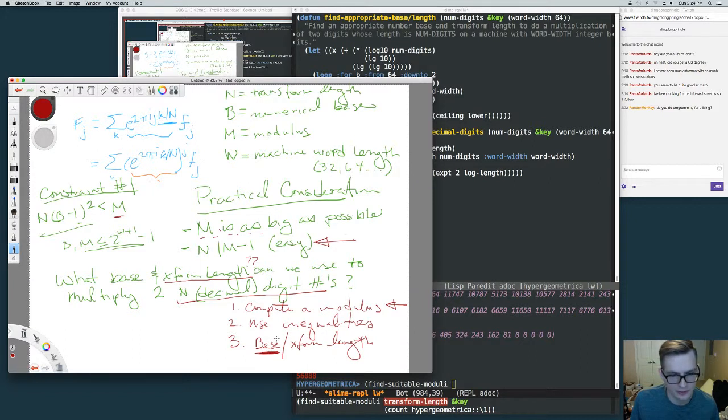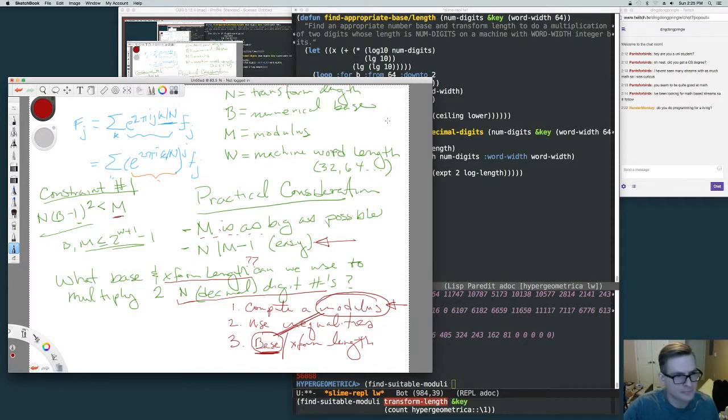So this base right here, the transform length, and the modulus are super tightly coupled. These things kind of depend on each other, so we're going to need to do some search that's somewhat informed. Let's just see where we go with it. That's my plan.